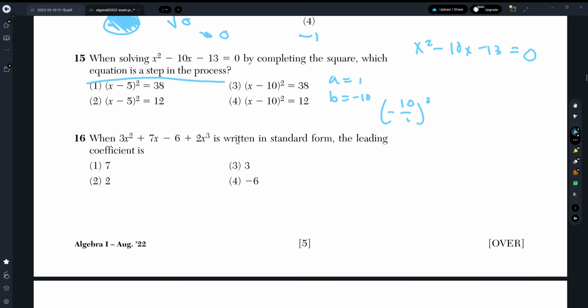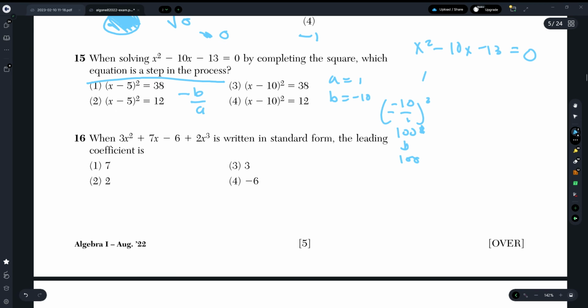I don't think I'm doing anything wrong. It's -b over a, so what we're going to have is -10 over 1 times -1, and that's going to equal 10 squared, which is equal to 100.